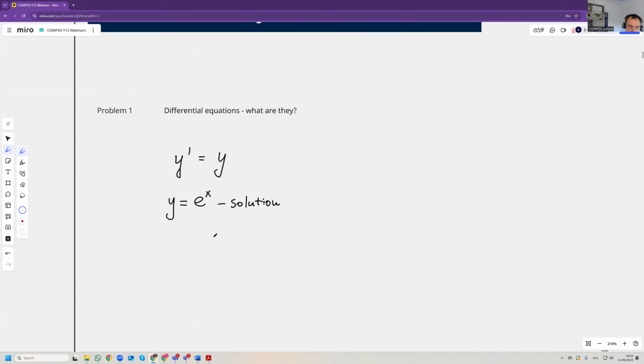How do we know that it is a solution? Well, we can solve this differential equation. We write dy/dx = y. We separate the variables, so we multiply both sides by dx and divide by y.